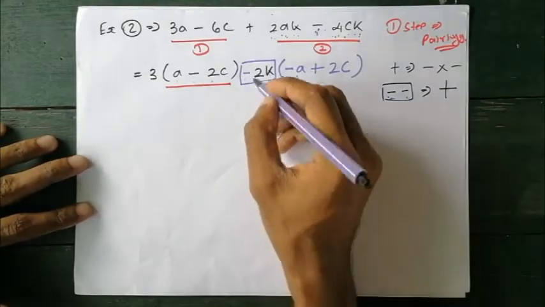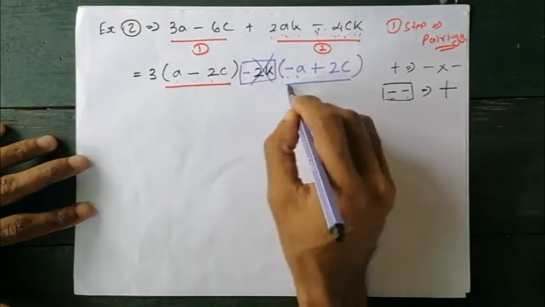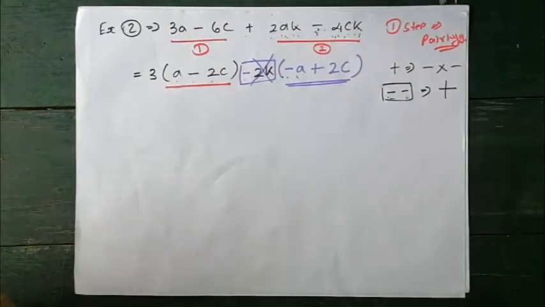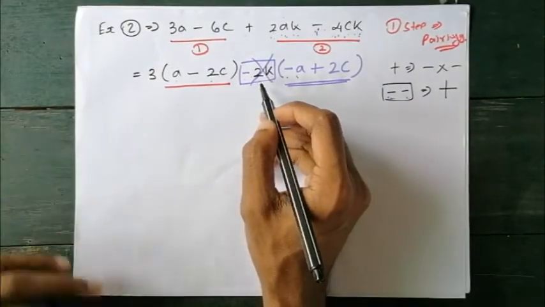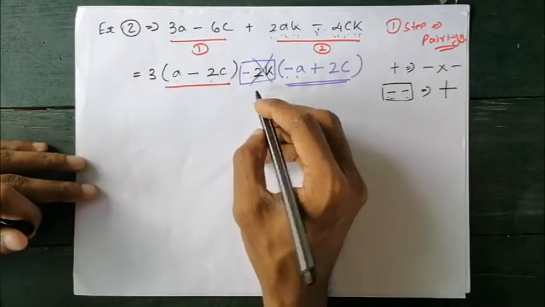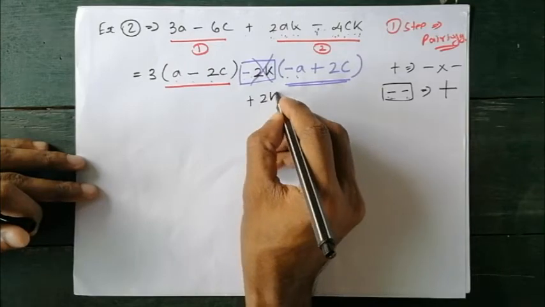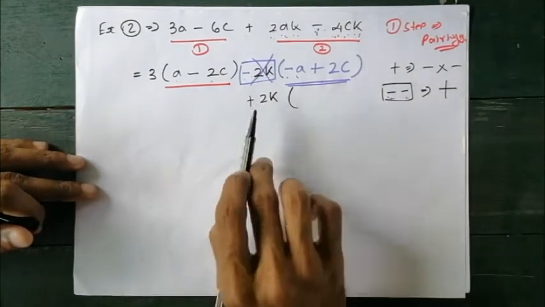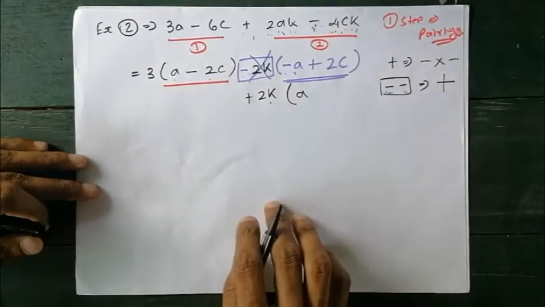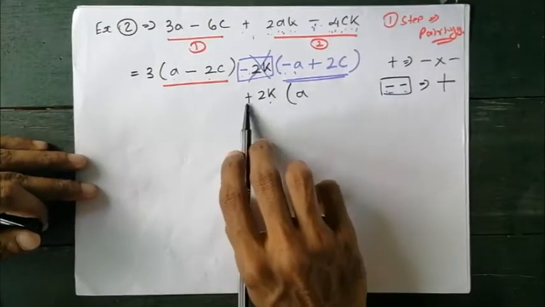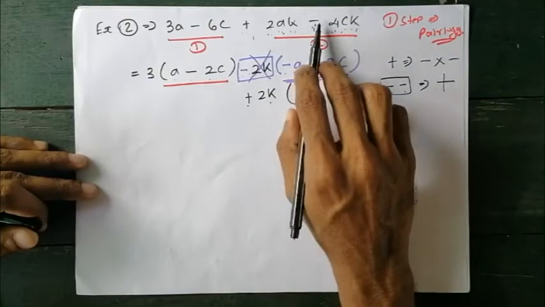So what will be the common term? The common term is plus 2k. The common term is plus 2k. So we'll check. If you take plus 2k, the remaining is a. If you multiply, the result is minus.